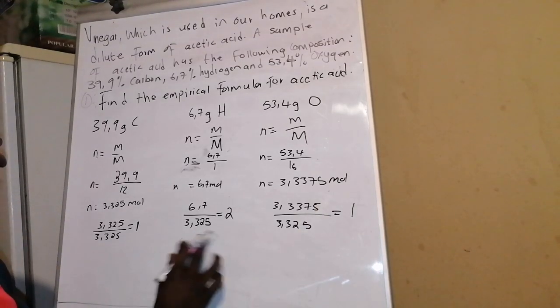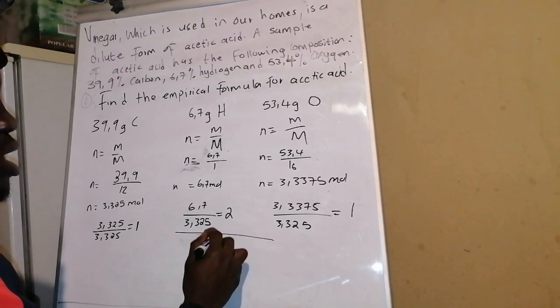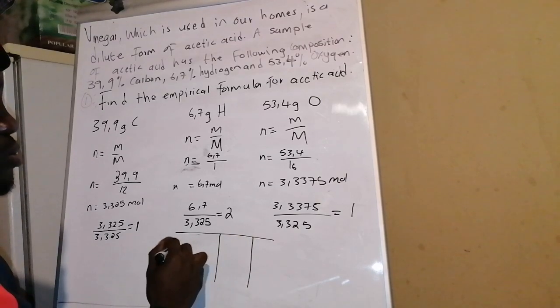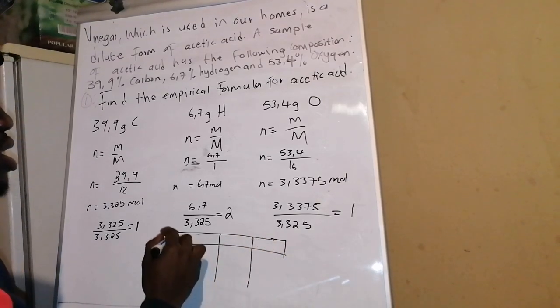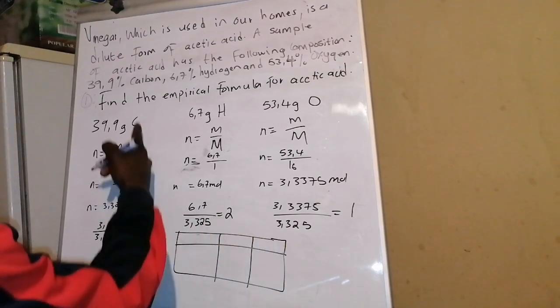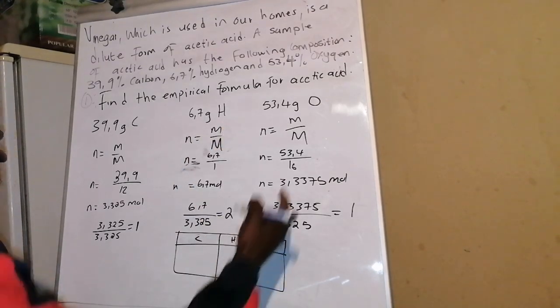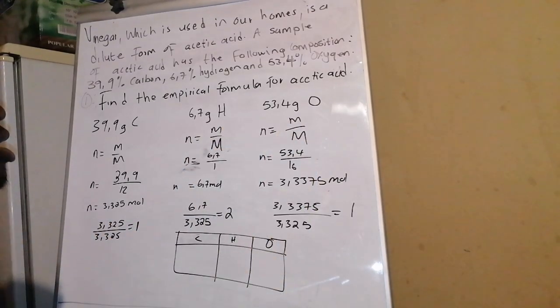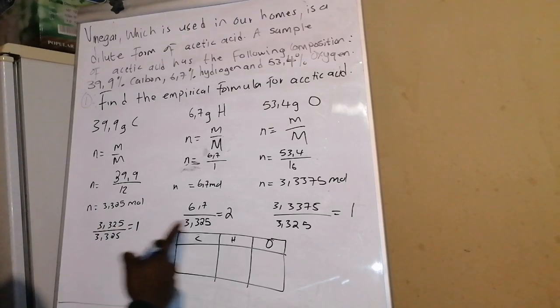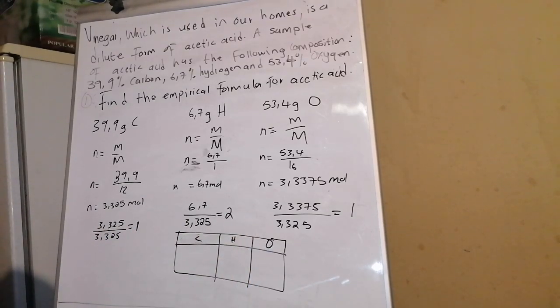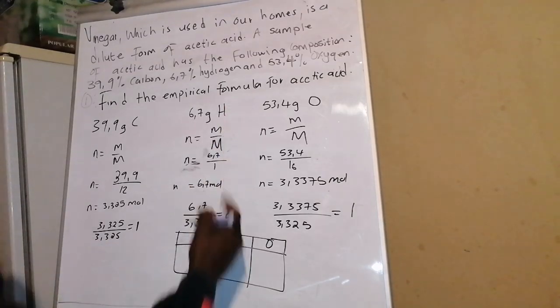Now you just draw that small table. Since you are given 3 elements, the first element here is carbon, the second one is hydrogen, then the third one is oxygen. Now after dividing all the number of moles by the smaller number of moles, in carbon we got 1. So that's the subscript for carbon. In hydrogen we got 2.